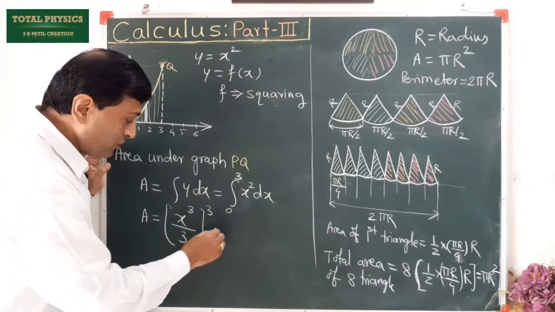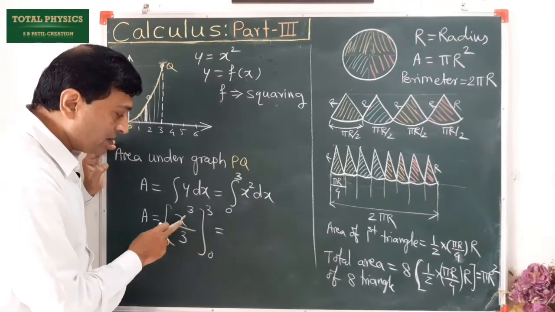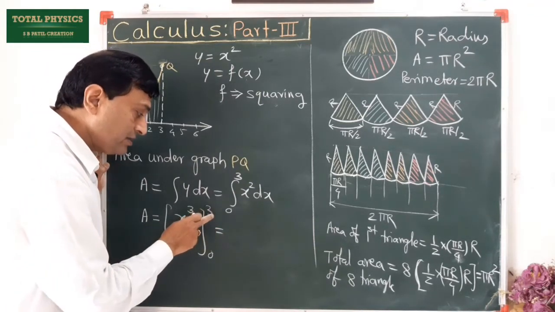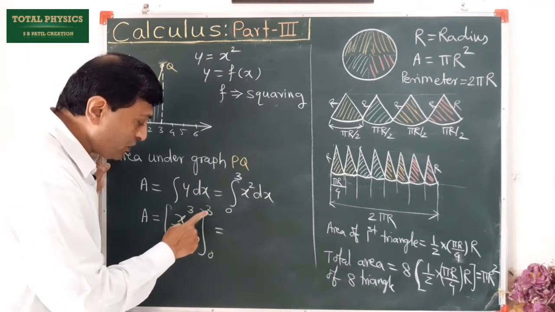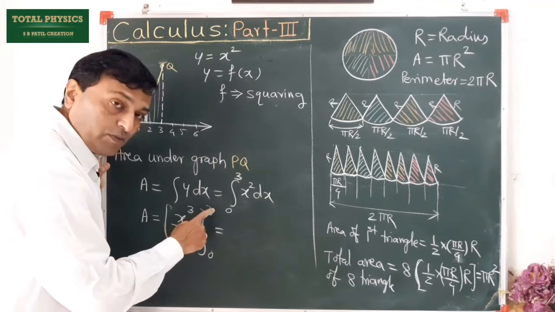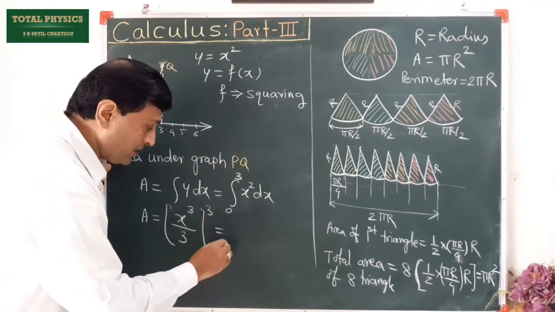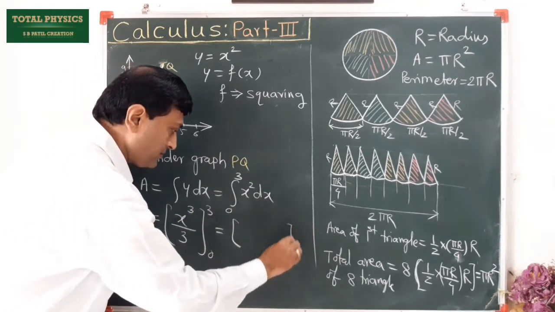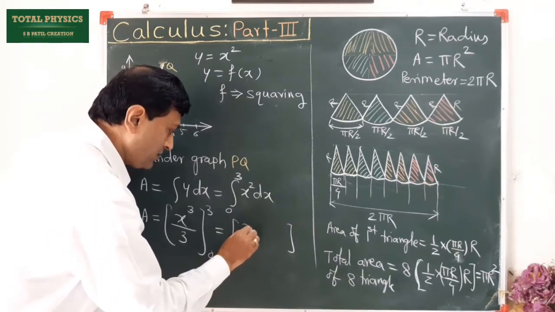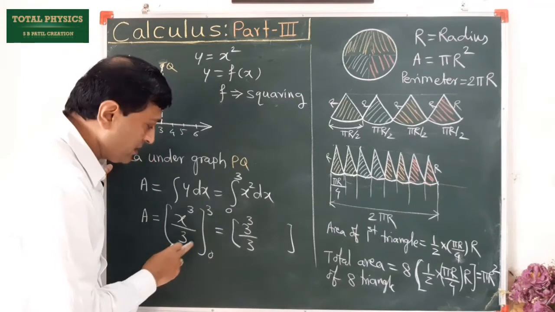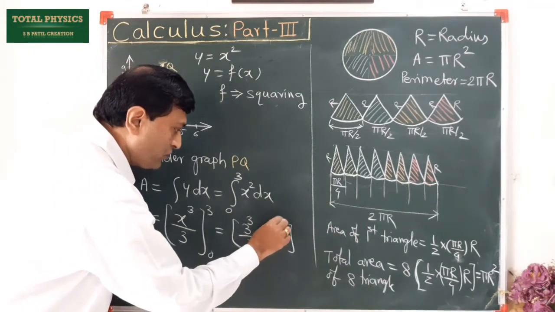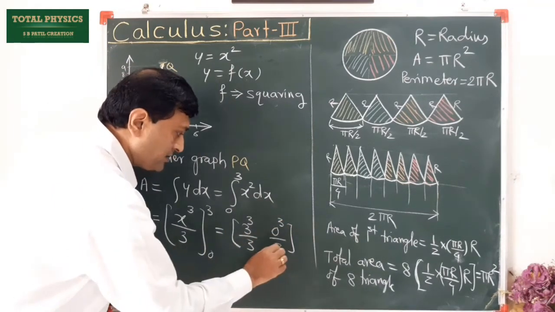Okay. Now you can put the values of x as 3 and as 0. Means you have to put the values of x from the top and from the bottom, like this. 3 raised to 3, this 3 as it is. Again 0 raised to 3, this 3 as it is.